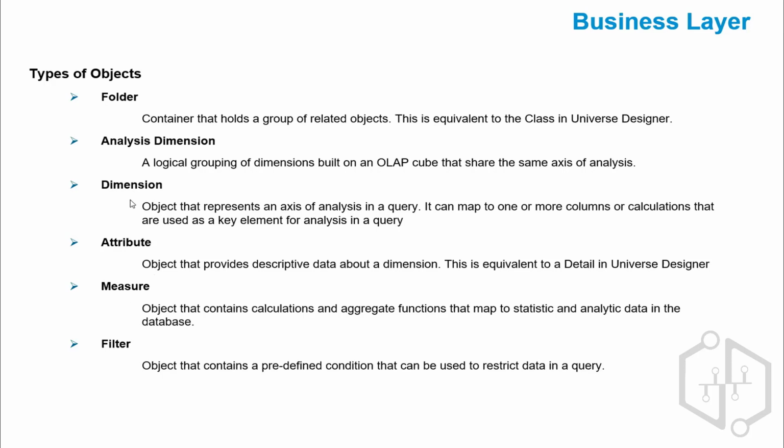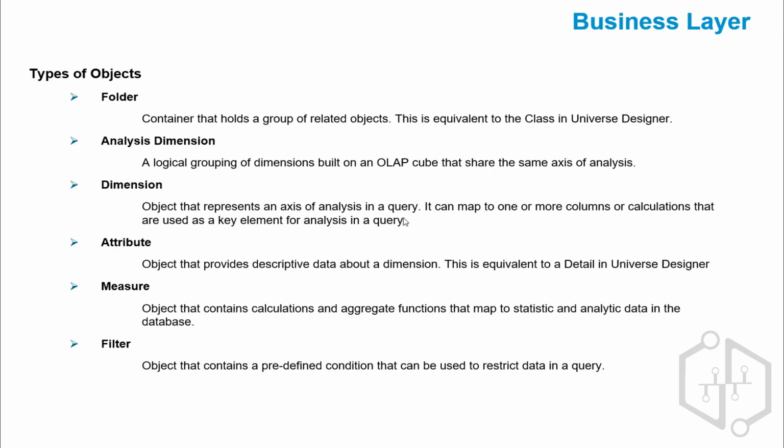Dimension is like text data, like month or product name or product ID, anything which classifies the information. Our object represents the axis of analysis in a query.